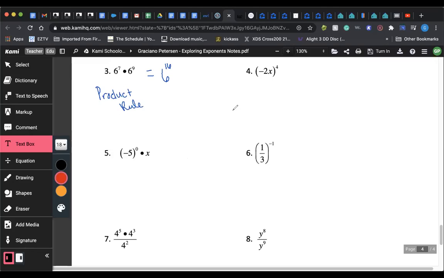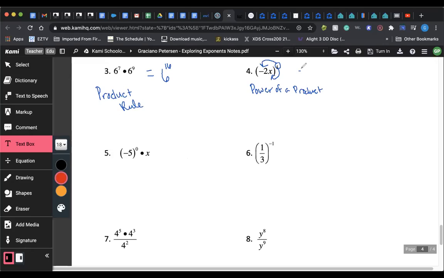Okay, for number 4, I'm going to be using the power of a product rule. Keep the base, multiply exponents together. I have to apply the exponent to the -2 and also to my x.